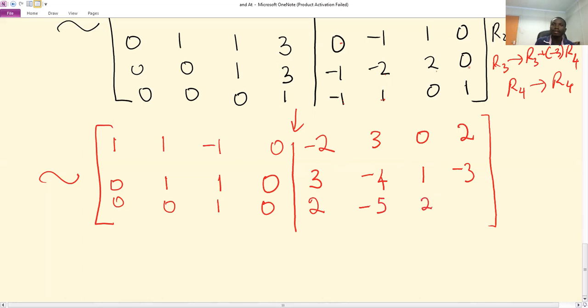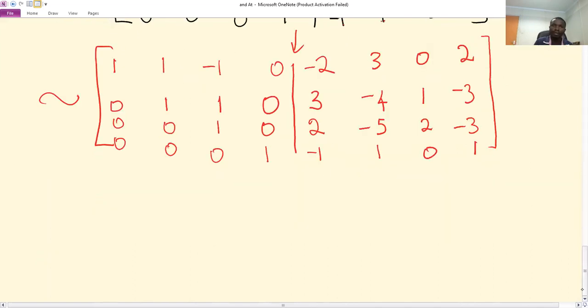And then 0 plus minus 3 times 1 is minus 3. So 2, minus 5, 2, minus 3. Row 4 is 0, 0, 0, 1, minus 1, 1, 0, 1. So we expect this one to be 0, and this also to be 0.